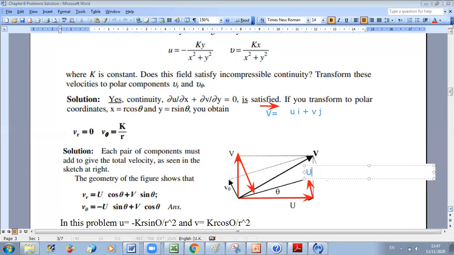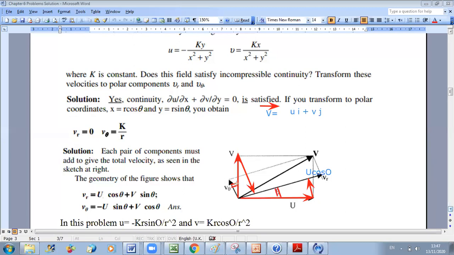While for the vector V, you know that this angle here is theta. Why? Because V is perpendicular to U and UR is perpendicular to U theta. So the angle between V and UR will be equal to the angle between U and U theta. So this is the angle theta.